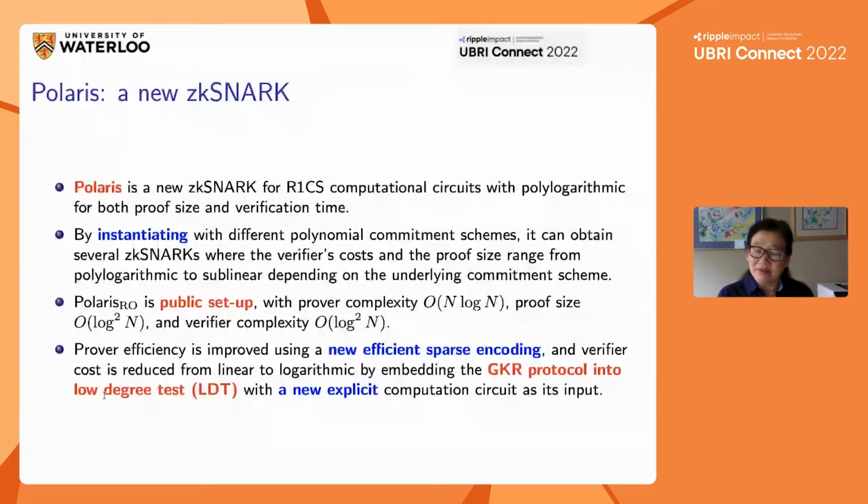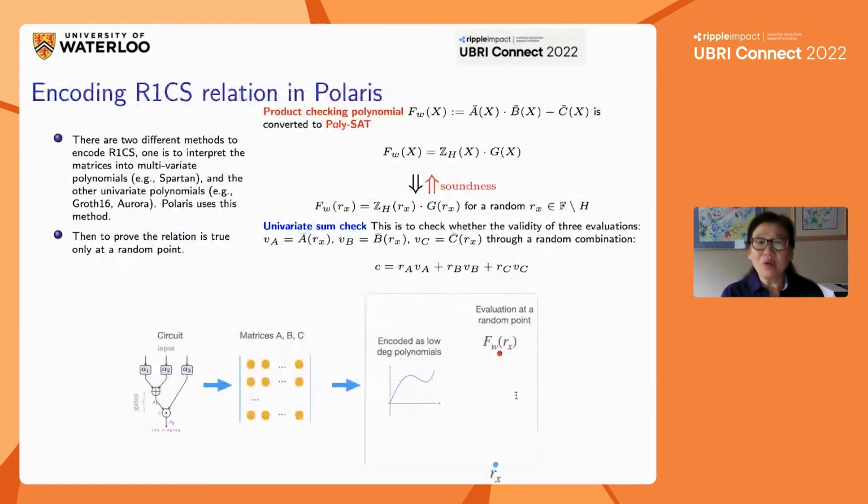Also, we designed a new explicit computation circuit as the input of the zkR protocol. Okay. So first we look at how we encode the R1CS relation. So basically you have two ways to encode that. One is using a multivariate polynomial, another using a univariate polynomial. So Polaris will adopt this.